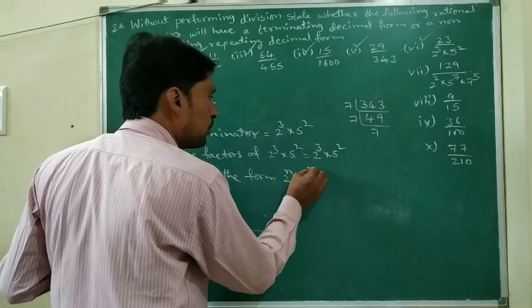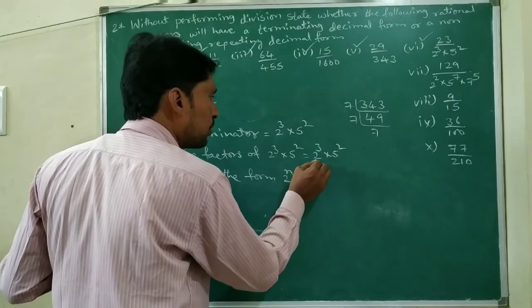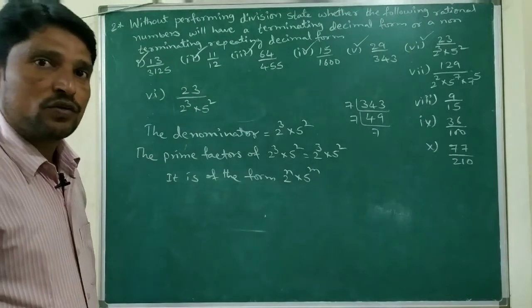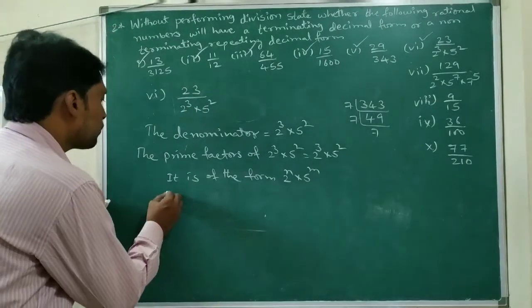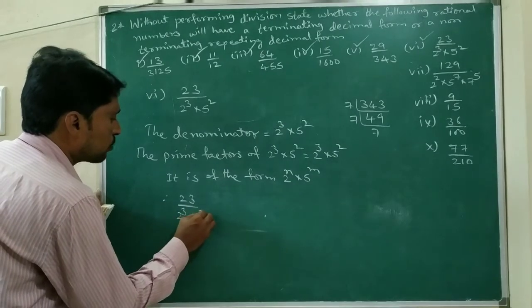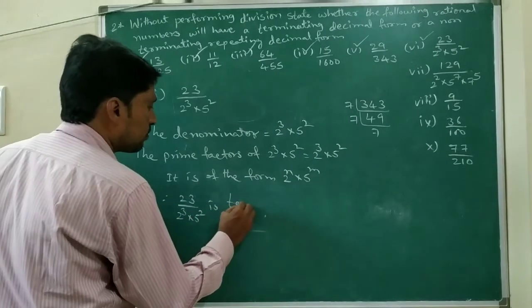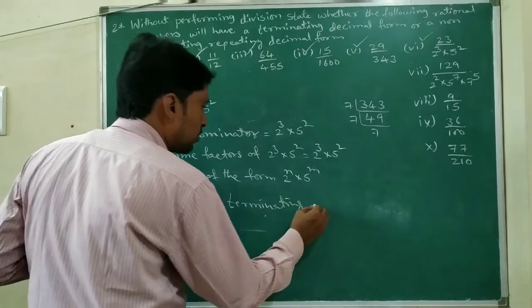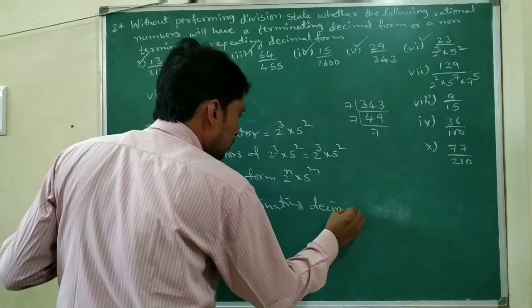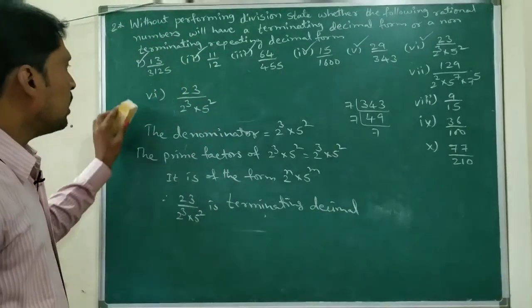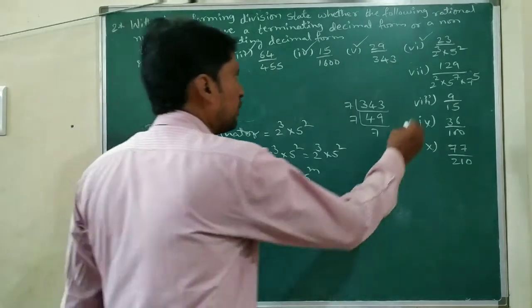So 23 by 2 cube into 5 square is a terminating decimal. Now this 6th one is completed.